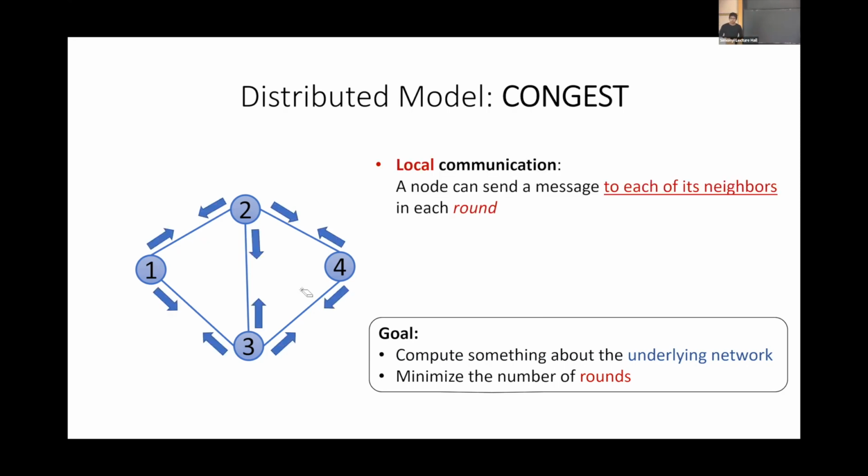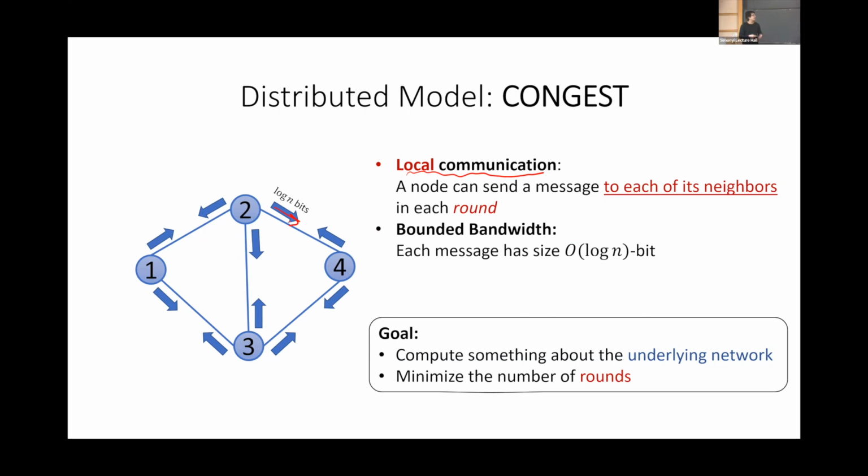So you have this graph and you have only local communication. A node can send a message only to its neighbors in each round. Moreover, the size of the message needs to be small, it cannot be a huge message. Think of it as one number that takes log n bits.